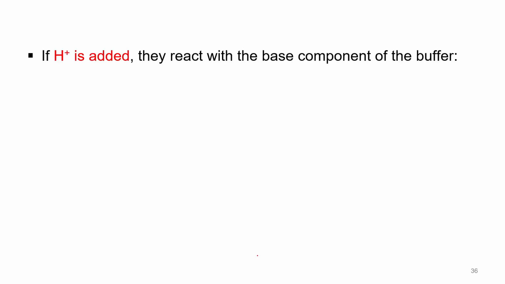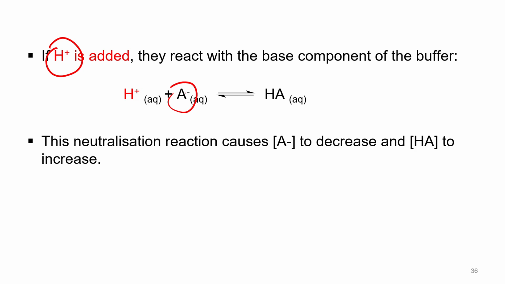Okay, right. So if H plus is added, H plus is acid. Jadi acid dia akan bertindak balas dengan the base component of the buffer solution adalah A minus. Jadi A minus will react with H plus and produce HA. This neutralization reaction causes concentration of A minus to decrease and HA to increase.